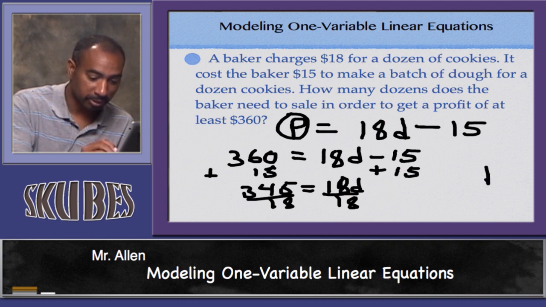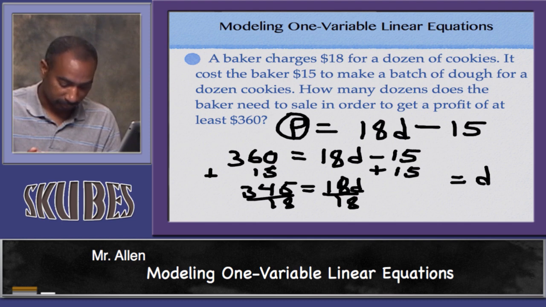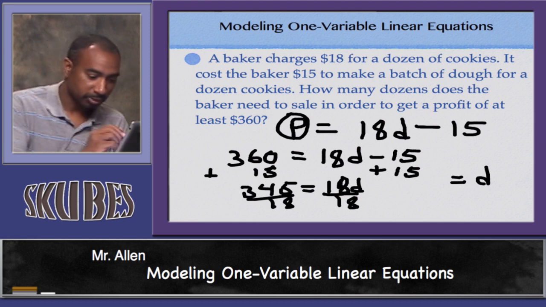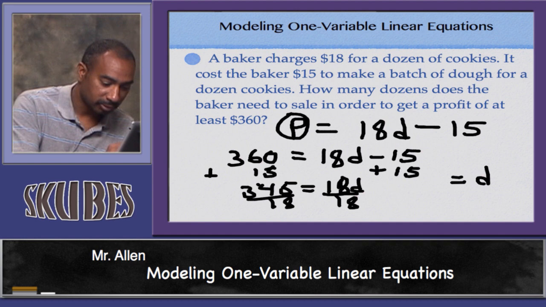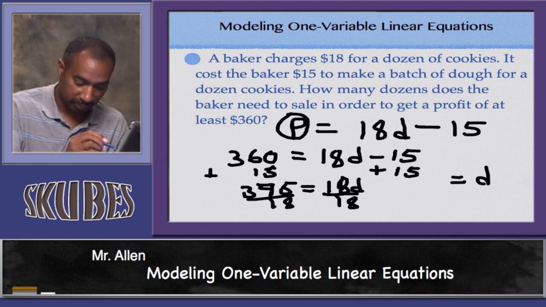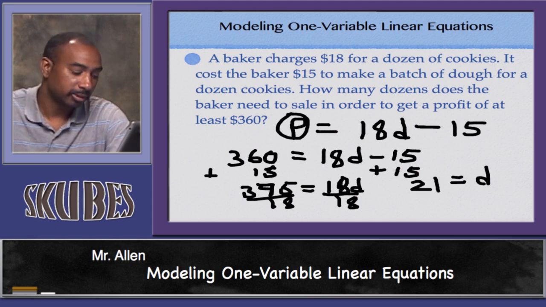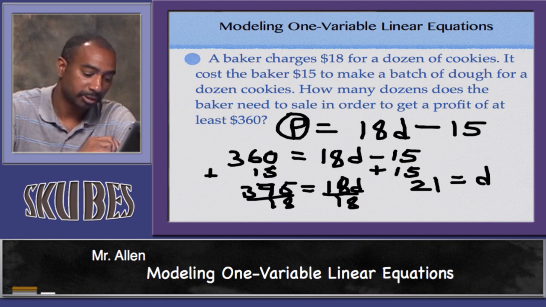So that tells us it's not going to be an even number, but it's going to be roughly 21 dozens he's going to need to get at least $360. So he's going to need 21 dozen.